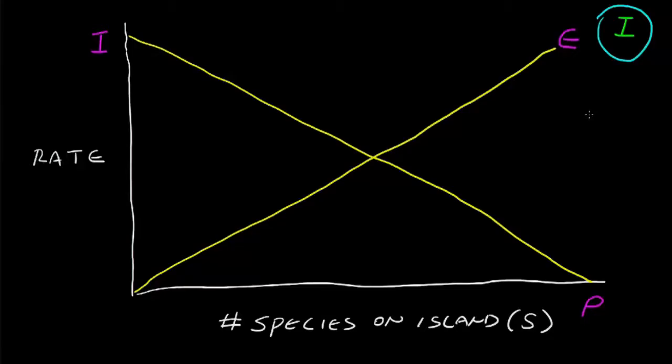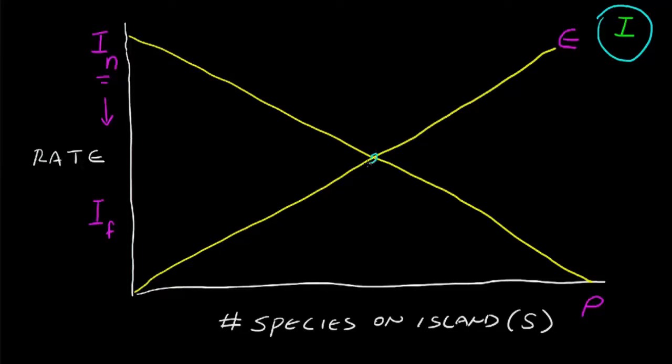So we would expect then for faraway islands immigration rates to be lower. So if this is our immigration rate for nearby islands, for faraway islands, our immigration rate would be lower.